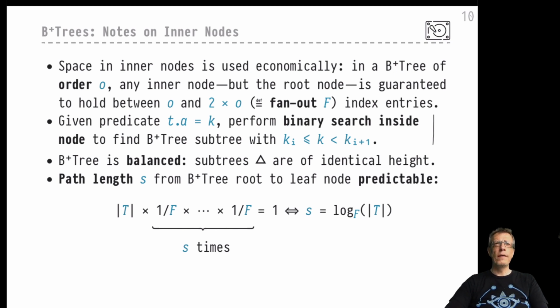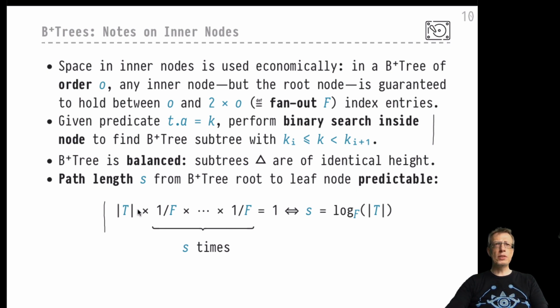If we for now assume that these B+ trees really are used to their maximum degree, to the fan-out, to the 2O degree, then this would be the observation that we could make. Any search would start in a B+ tree at the B+ tree root, which represents the entire contents of the base table.